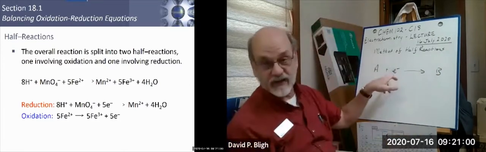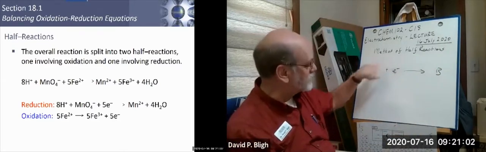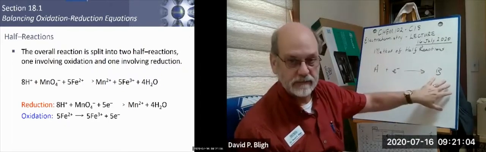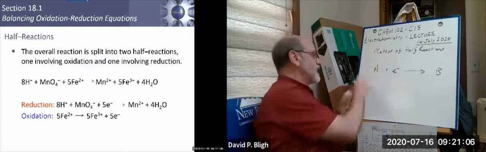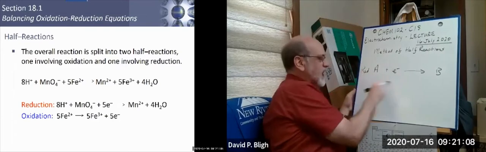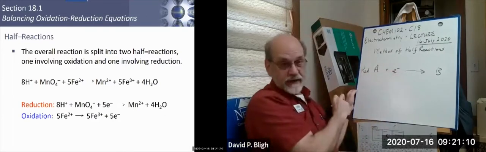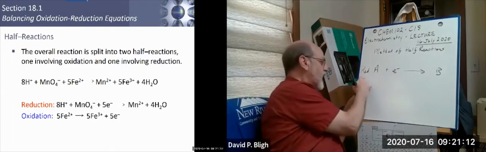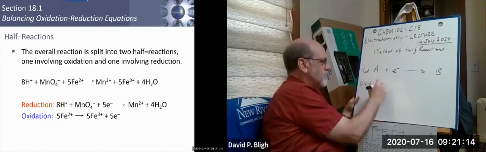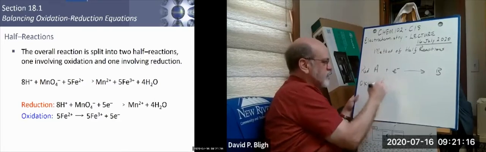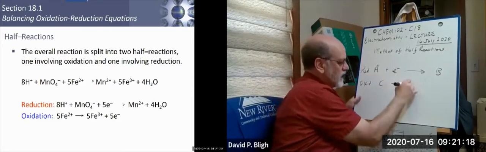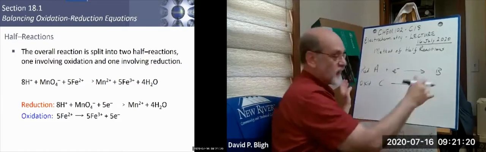Right? So where did that electron go? Well, it went into this and formed a product. Okay, so this is your reduction, and the electrons always occur on the reactant side. For the oxidation side, you would have something like this, and the electrons occur on the product side.